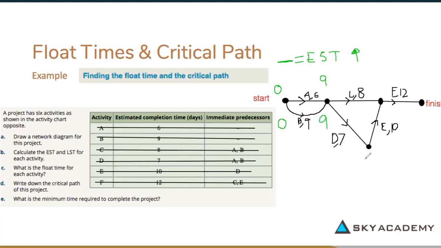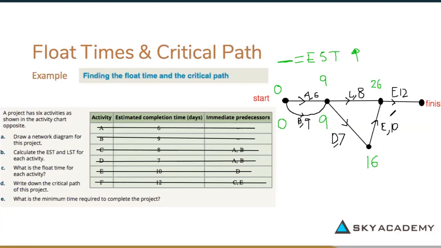When we come up here, you would have 16 plus 10. Remember, we want the highest node. We don't want 9 plus 8 because that would be less than 16 plus 10. So when we come up here, we now have 26. And 26 plus 12 would give us 38.